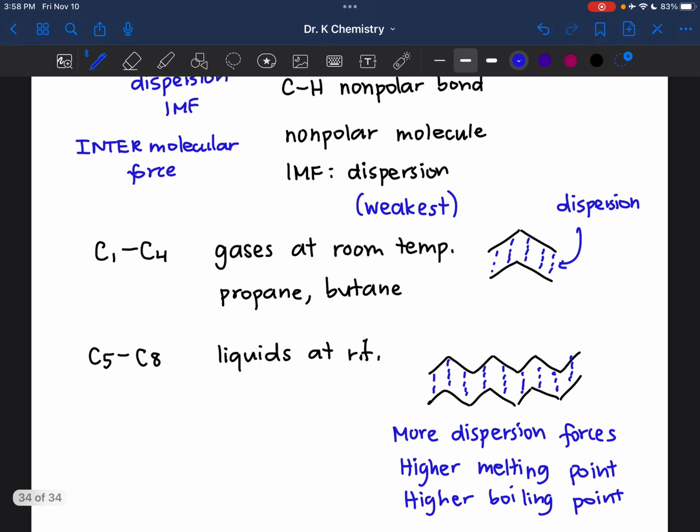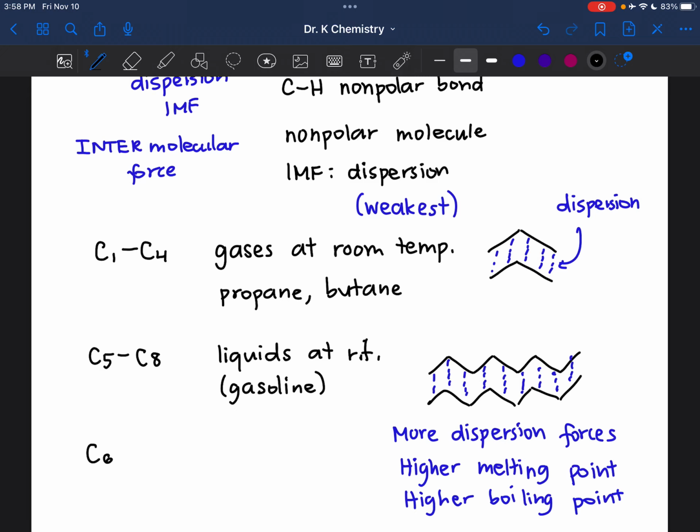And that's going to be a trend across the board. The more carbons you have, the higher the melting point and the higher the boiling point. So between 5 and 8 carbons, these tend to be liquids because they have higher melting points and higher boiling points. And gasoline is an example of that. Octane is used in gasoline.